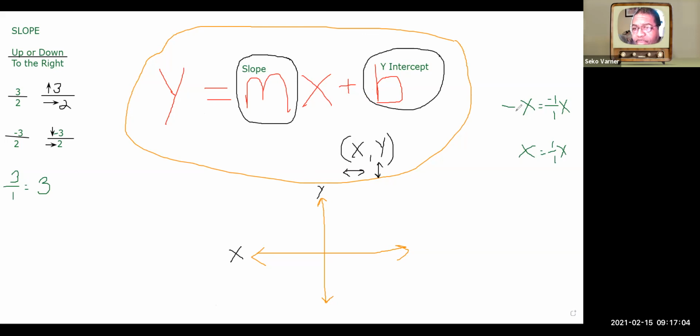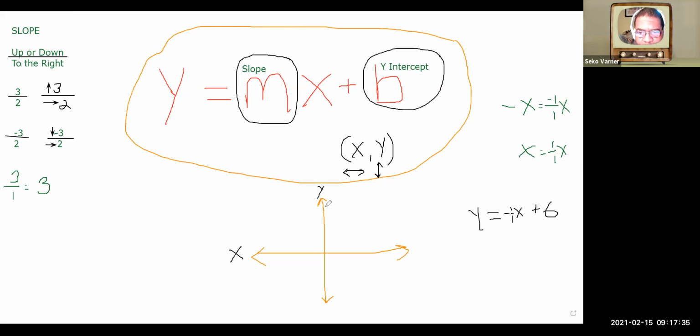Now on the side here, I have negative x, because sometimes you might see y equals, okay, so this negative x is really negative 1 over 1 x. That's the slope. And 6 is the y-intercept. And let's go over the y-intercept one more time.